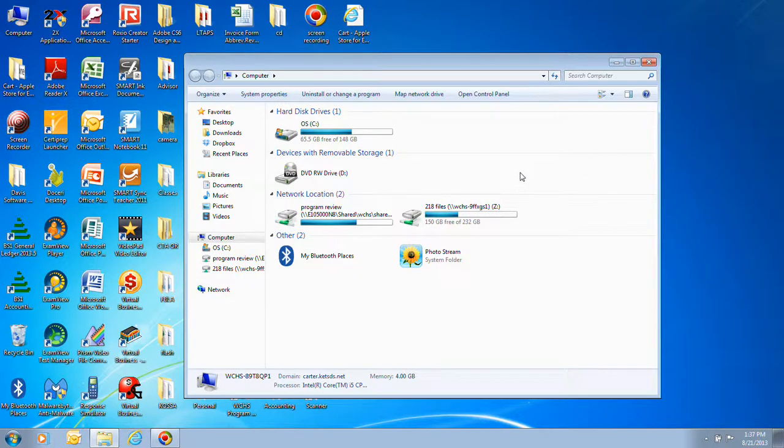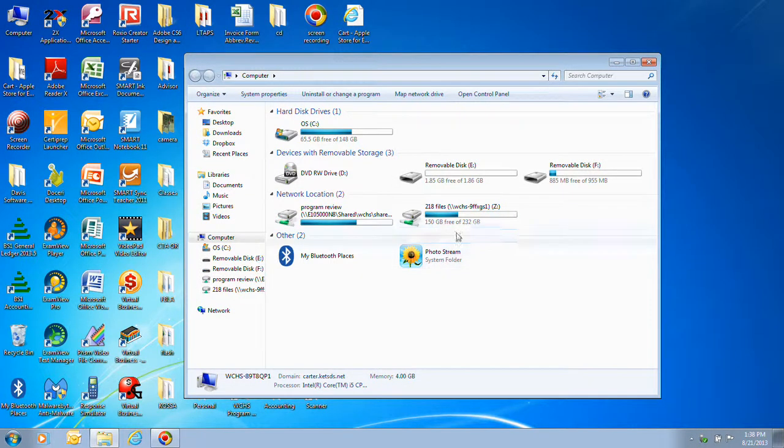So here I go, I'll plug in the flash drive. It's taking just a second for it to recognize the flash drive and install the drivers, because if you remember when we were talking about drivers in the concepts unit, your hardware has to have a way to communicate with the computer, so that driver is really what is going to allow that communication.